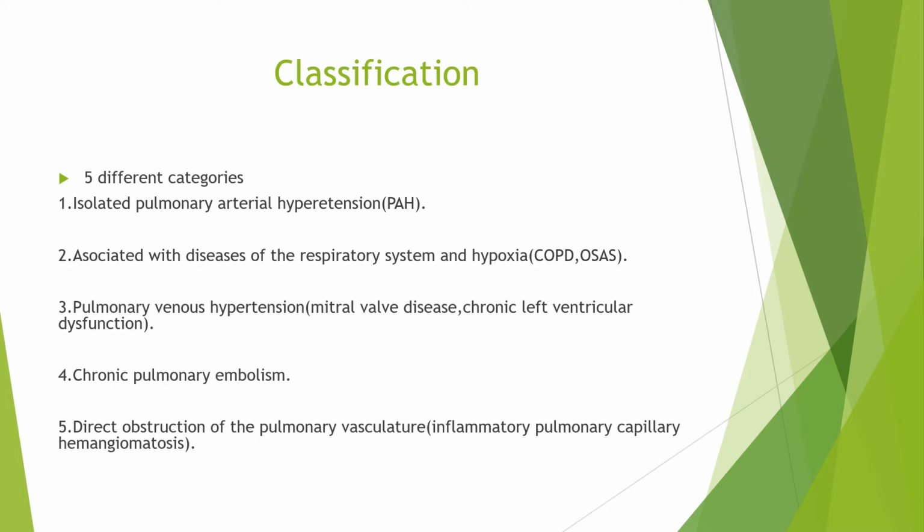The third type, pulmonary venous hypertension in mitral valve diseases and chronic left ventricular dysfunction. Fourth, chronic pulmonary embolism. And finally, number 5, direct obstruction of the pulmonary vasculature, inflammatory pulmonary capillary hemangiomatosis, for example.